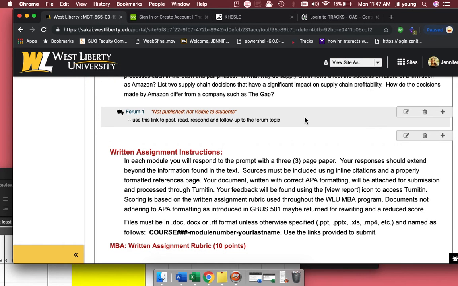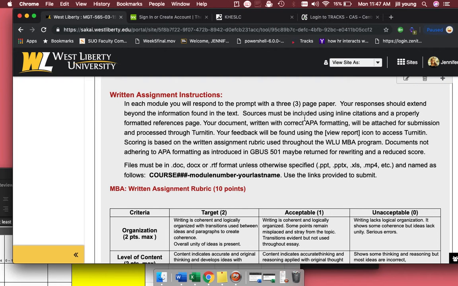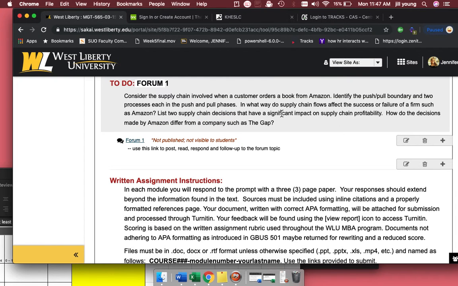It's very important that you stick with that format and not go with MLA or any other, because if you're in this program, you should be using APA throughout. When I say APA in discussions, I'm just saying, at the very end of the post, provide a reference. In the body of the text, provide an in-text citation.